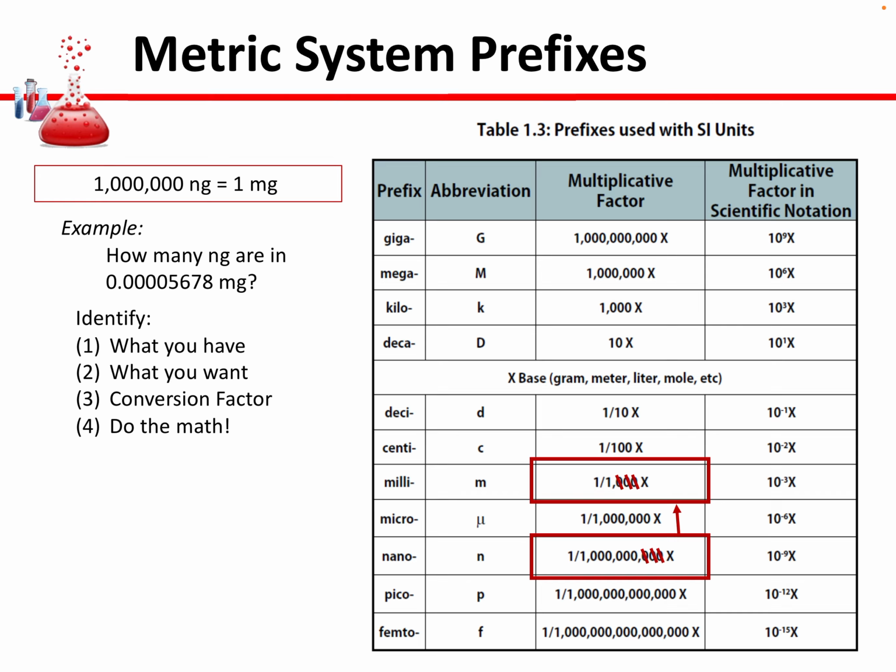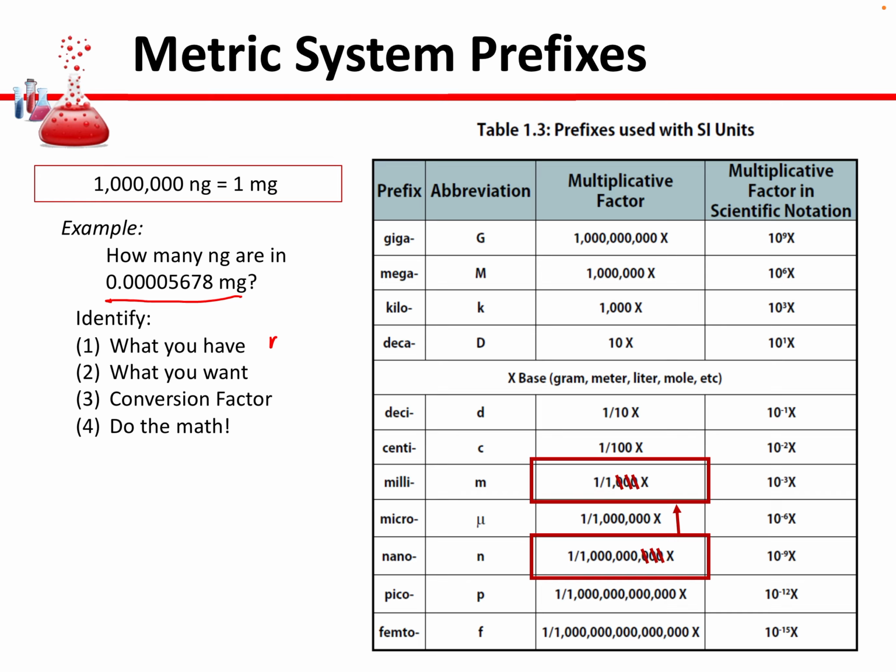All right. So if we want to know how many nanograms are in 0.00005678 milligrams, we have to first identify what we have. We have milligrams, and we found this here. We have nanograms, and we know the units between them.